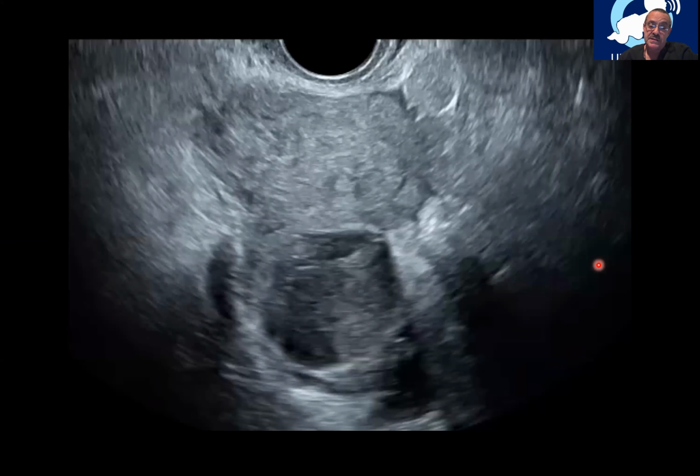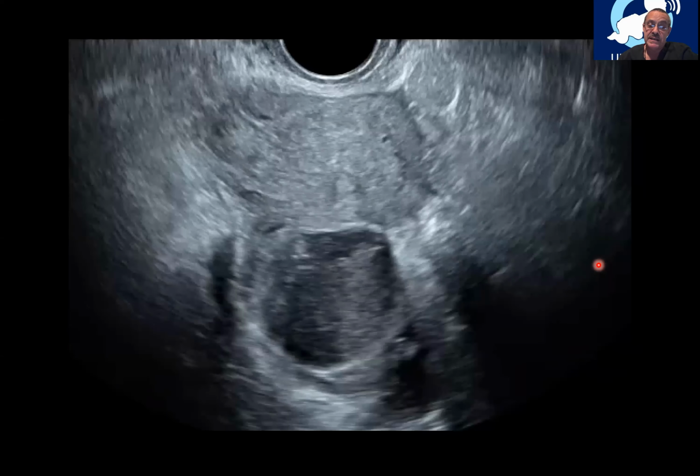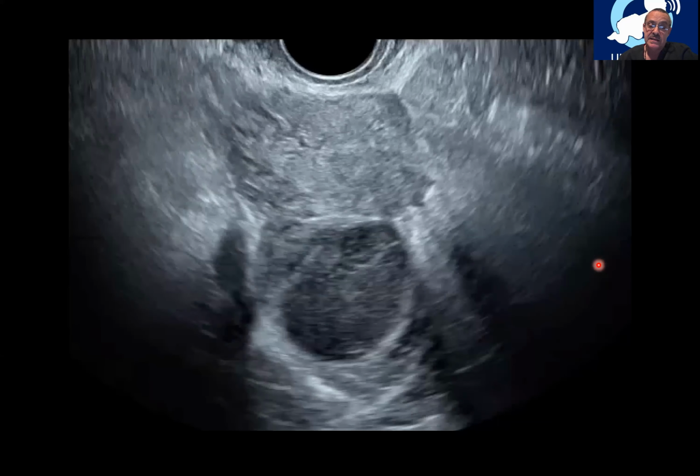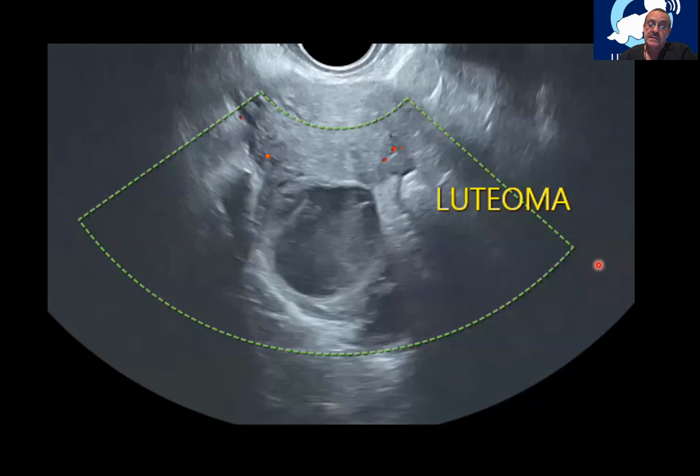If we use the transvaginal approach, we can see the ovary like that. Which most probably happens to be hemorrhagic corpus luteum or luteoma. This happens from time to time whenever there's an ovulation.